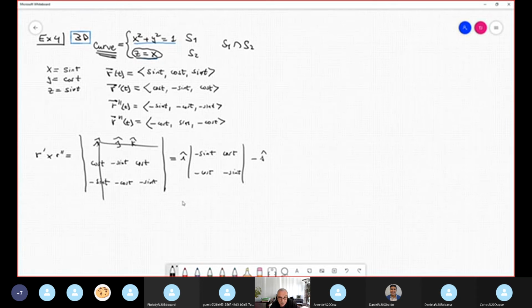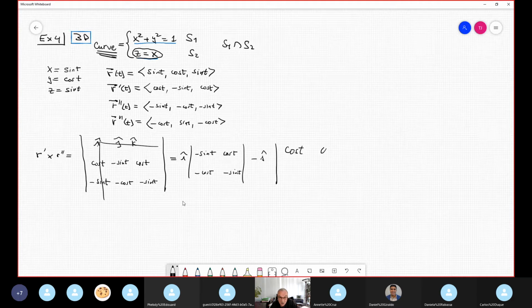We have cosine t, you delete this cosine, minus sine, and minus sign and positive sign. Now, wait. This and this: cosine, cosine, minus sign, minus sign. It's minus here, right? Yeah. Okay, on my paper I put positive. So one stupid sign you screw up.